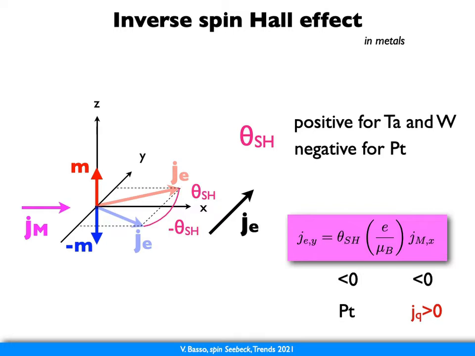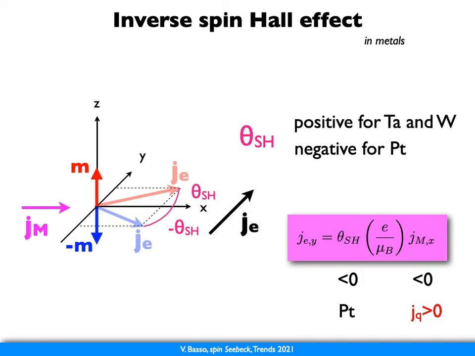Therefore we can reveal the presence of a magnetic moment current by measuring an electric current or an electric voltage. In the case we have shown before, we have a positive heat current. That means a negative magnetic moment current and a negative spin-Hall coefficient for platinum. Therefore, the resulting electric current is positive.